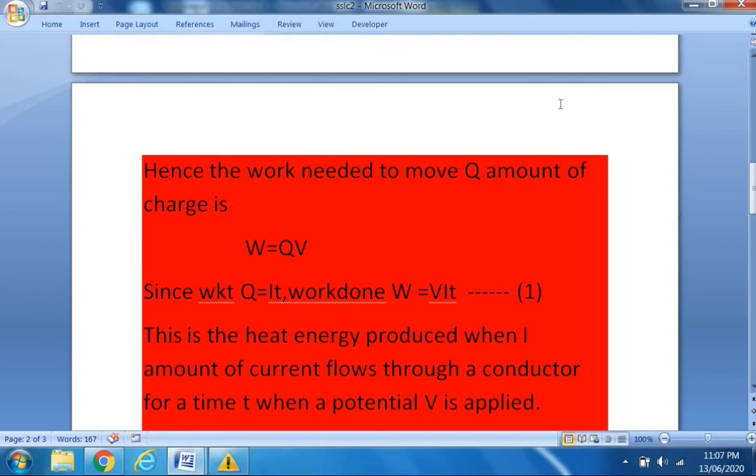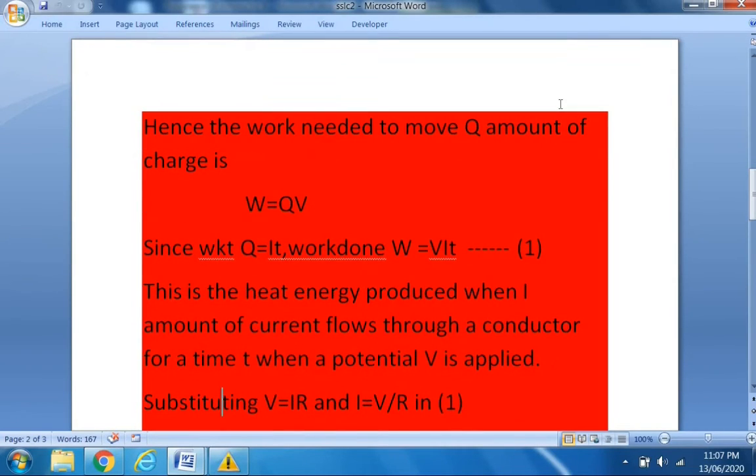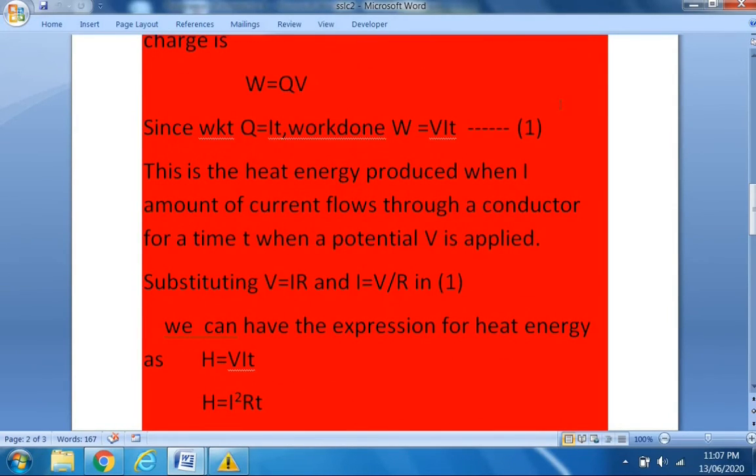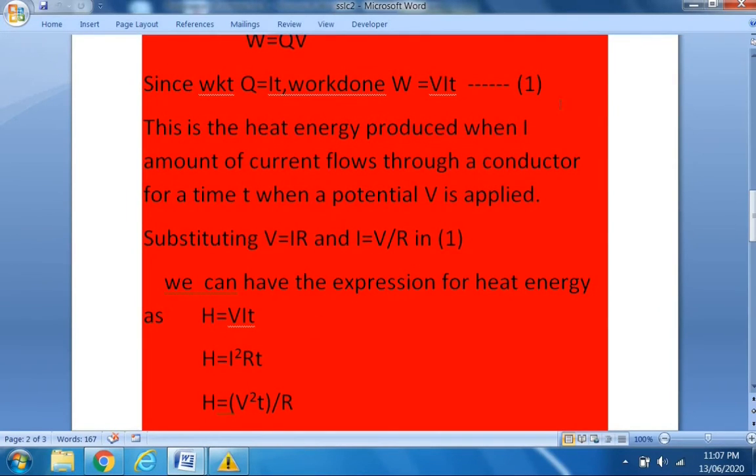Since Q is equal to IT, the work done W is equal to V into I into T. This is the heat energy produced when I amount of current flows through a conductor for a time T when a potential V is applied.